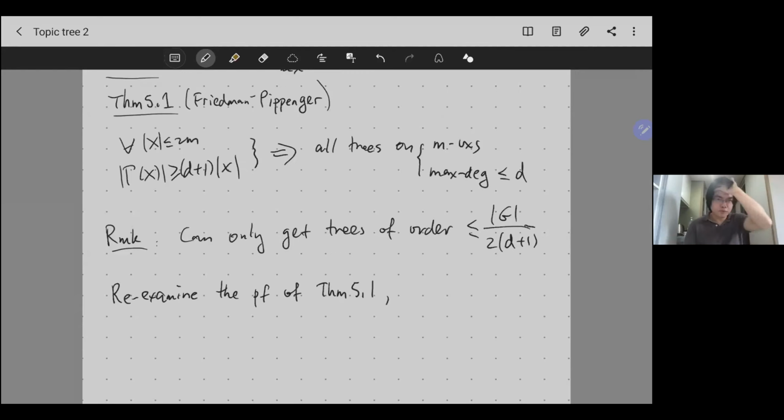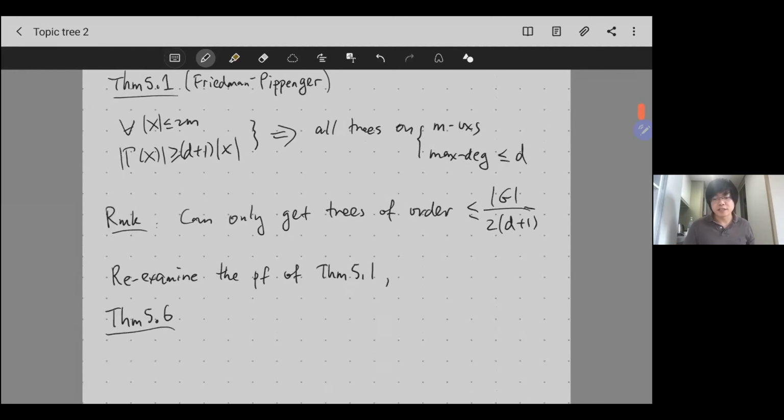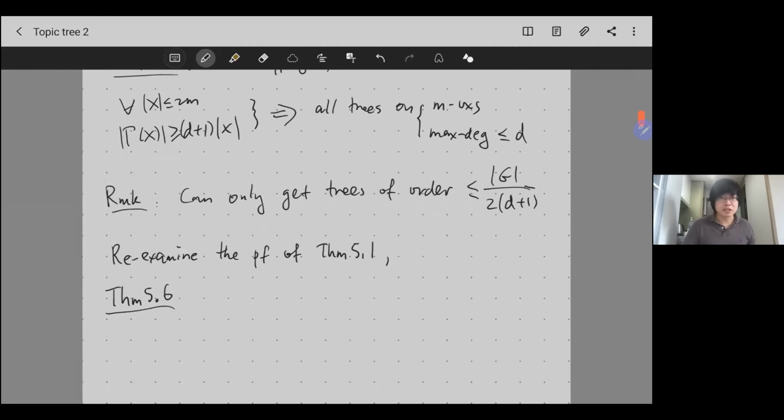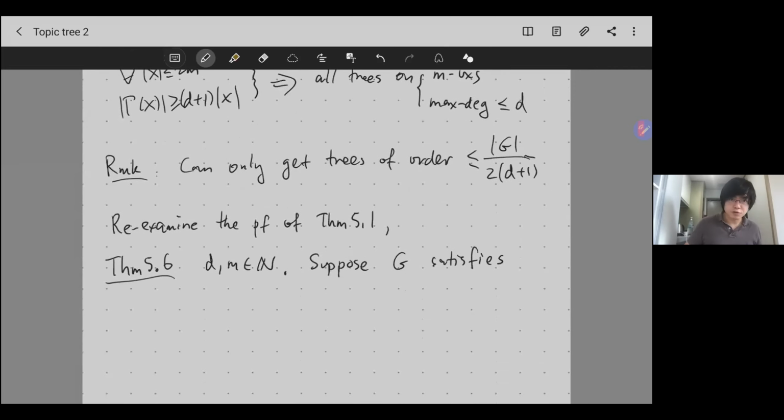If you read through the proof, we get the following, which allows us already to get larger trees than n over 2 times (d plus 1). So formally, we let d and m be some natural numbers, and suppose we have G satisfying the following expansion property.